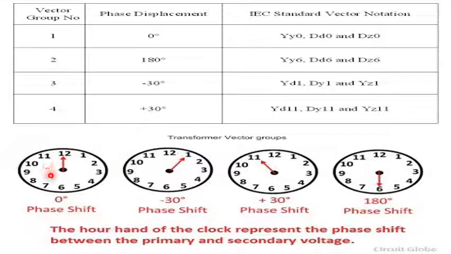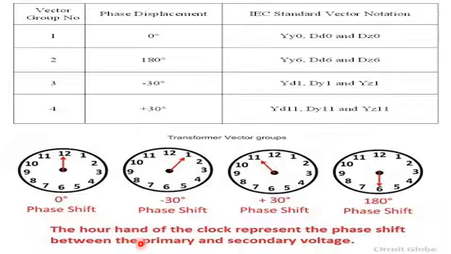This is the 0 degree phase shift. This is the minus 30 degree phase shift, that is 1 o'clock, the third one. And this is the plus 30 degree phase shift, 11 o'clock, the fourth vector group. And this 180 degree phase shift is the second vector group.